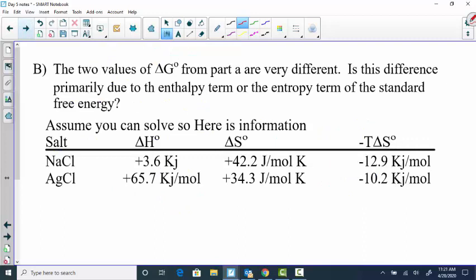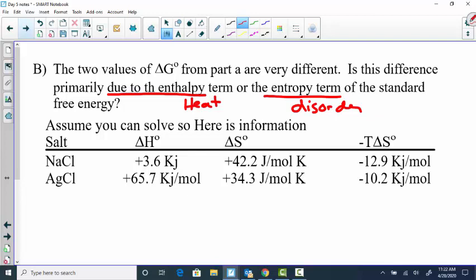Now, the next question that comes up, though, is that solubility due to the heat or is it due to the disorder? So, basically what this question is asking is the solubility, is delta G dependent on the amount of heat or the entropy?